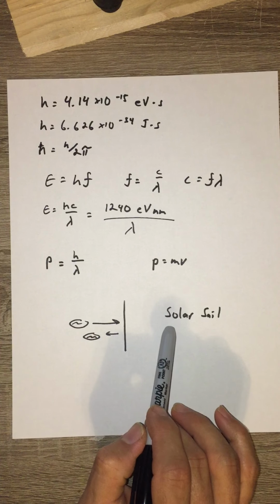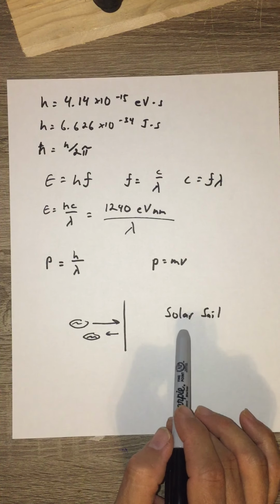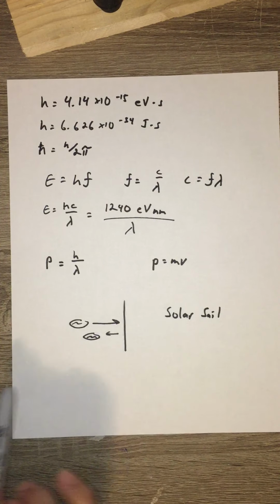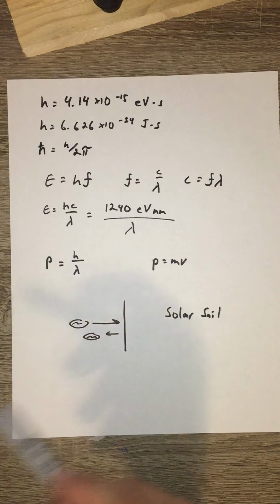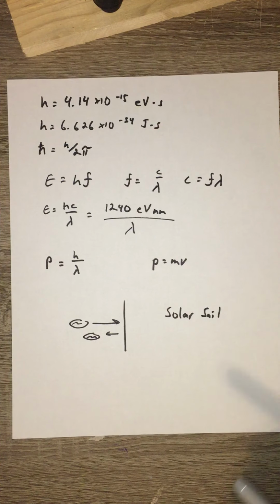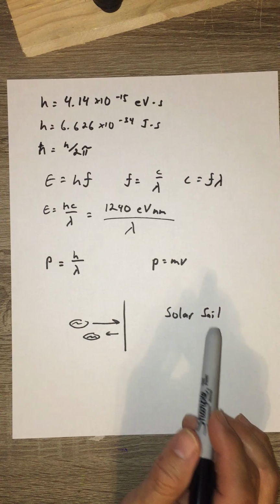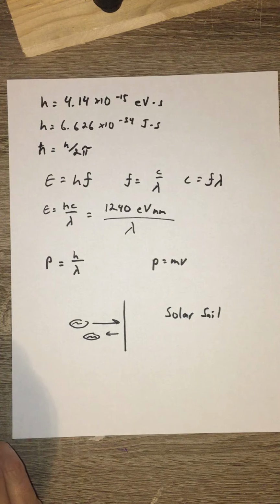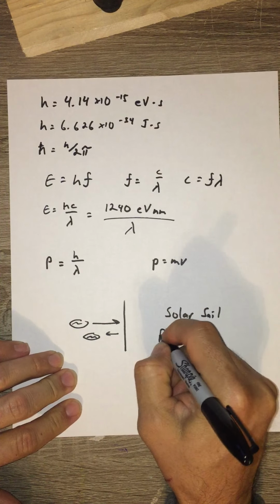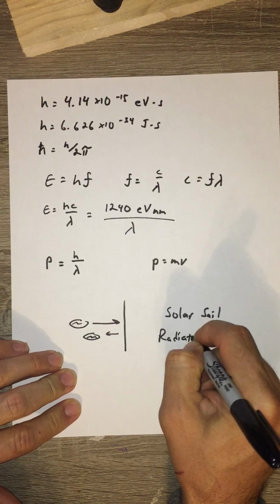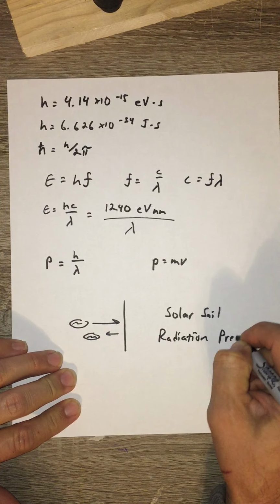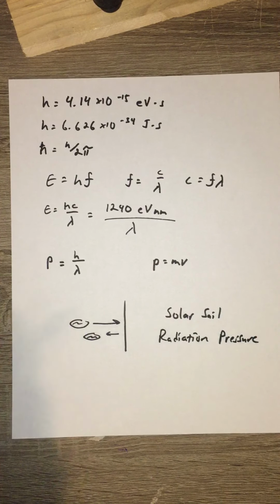At the beginning, there's not a whole lot of momentum, so this thing doesn't go very fast, but as collisions keep occurring, the momentum is transferred and it builds and builds, and sooner or later you can achieve some pretty reasonably high velocities with this idea. This is based upon an idea called radiation pressure, which is really nothing more than a transfer of momentum from collisions with photons.